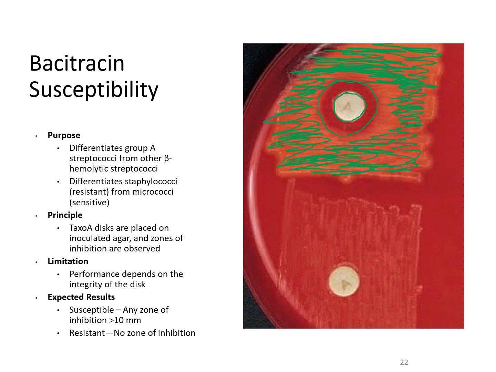When you measure this from one side to the next, if it is greater than 10 millimeters, then this is considered susceptible or sensitive to this particular antibiotic. If, however, it is resistant, then there is no zone of inhibition, and that organism will grow all the way up to that disc.